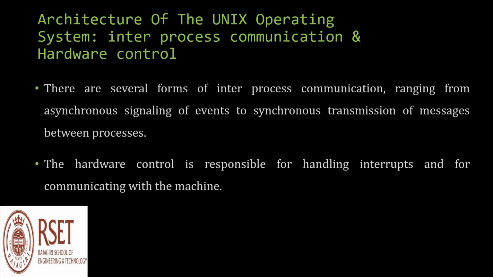Moving on to inter-process communication and hardware control in Unix architecture. There are several forms of inter-process communication, ranging from asynchronous signaling of events to synchronous transmission of messages between processes. The hardware controller is responsible for handling all kinds of interrupts and for communicating with the machine.